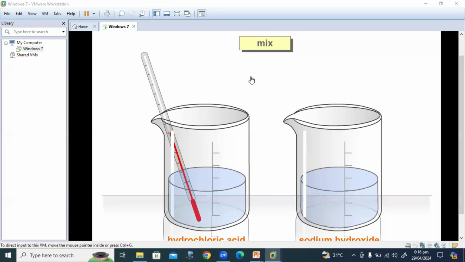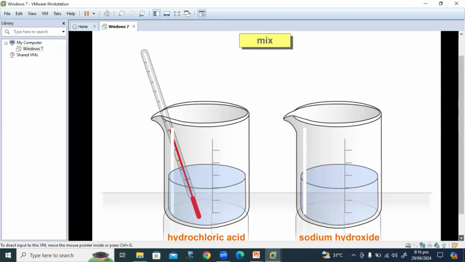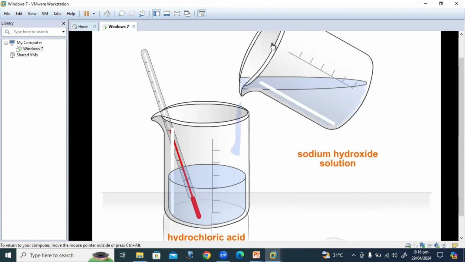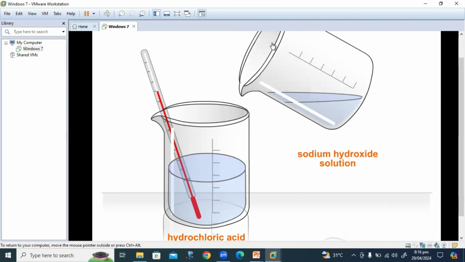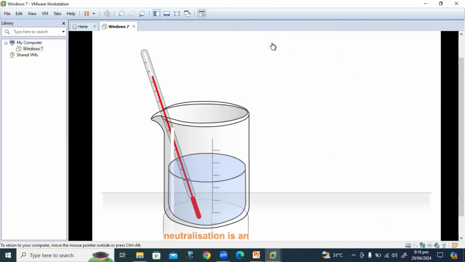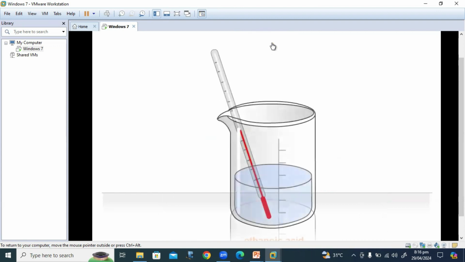Now just see the animation of the neutralization reaction. I'm going to demonstrate the reaction between hydrochloric acid and sodium hydroxide. Here the thermometer is dipped in a beaker containing hydrochloric acid. When we mix, it's a neutralization reaction which is going on. We can see there is a temperature rise, so this reaction is an exothermic reaction.